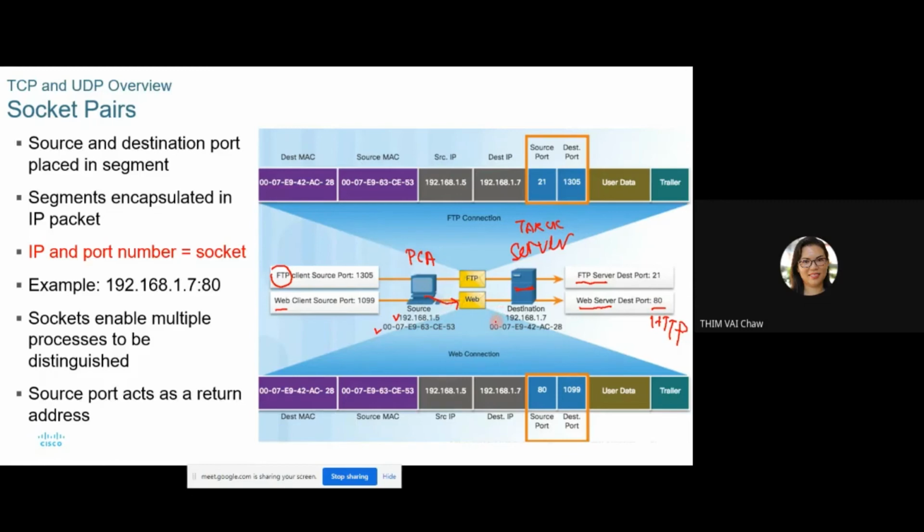I will have a destination address, and I'm talking about the local area network. Then the source MAC address will be this one over here. After that, I will have an IP address. This IP address, .5, 1.5, will be the source, and then the destination will be .7.